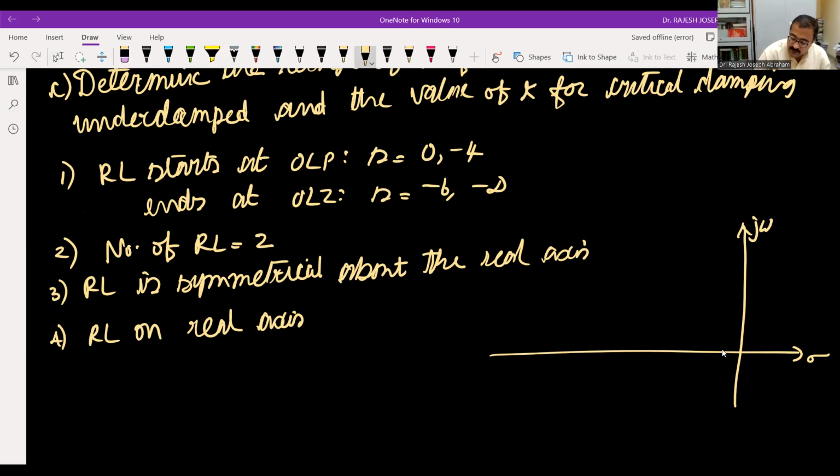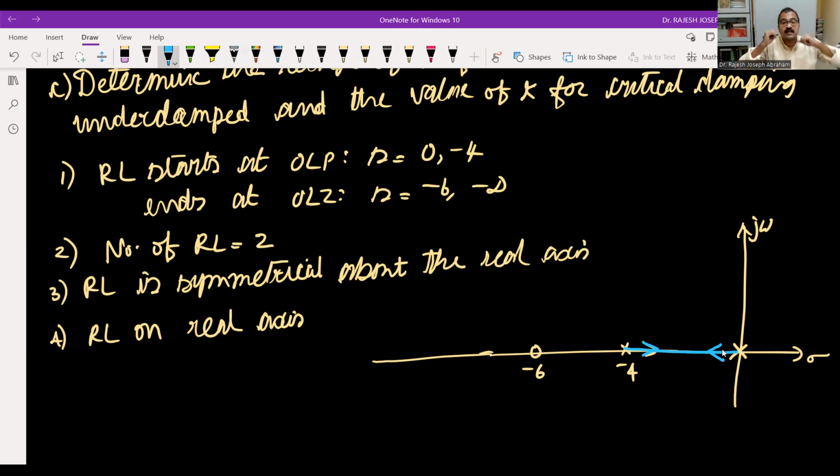So there is one pole at 0, one at minus 4, and one zero at minus 6. Now, how do you determine the root locus on the real axis? Take a test point. Wherever I put the test point in this interval, it is a part of the root locus. So one will start from here, another one will start from there.